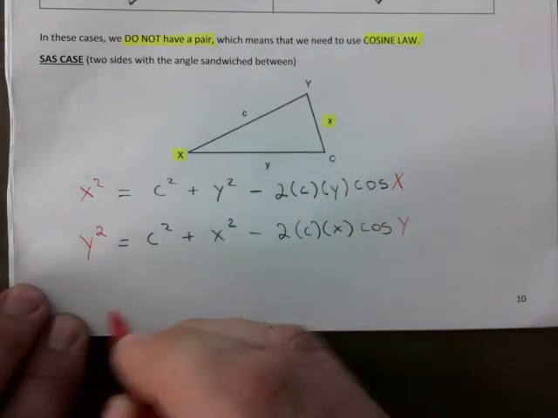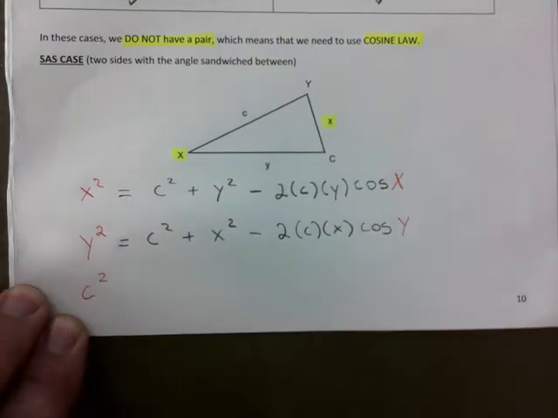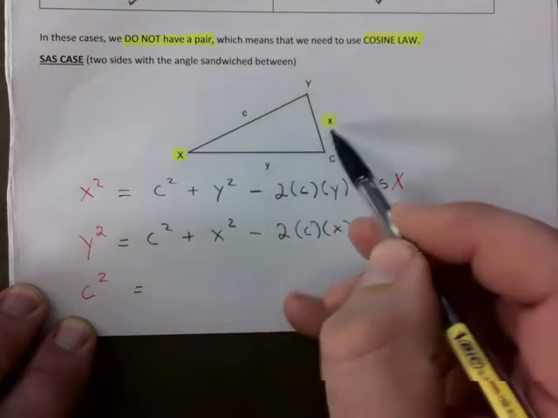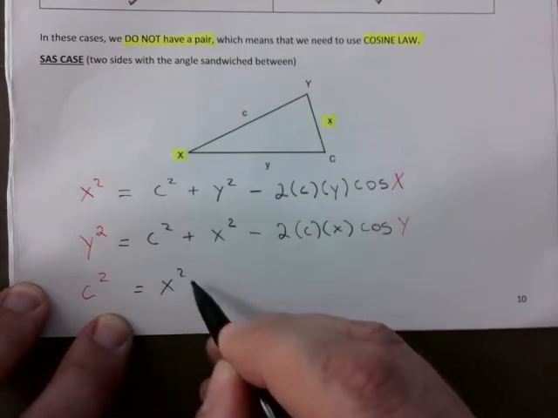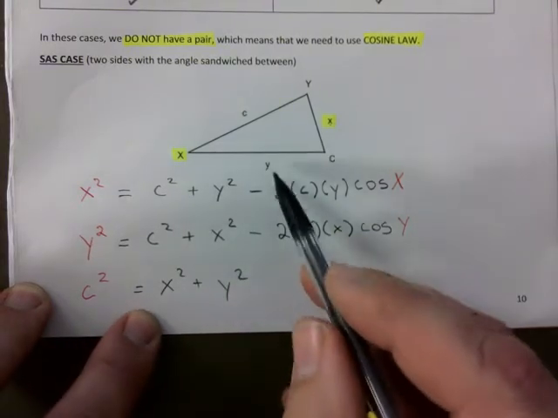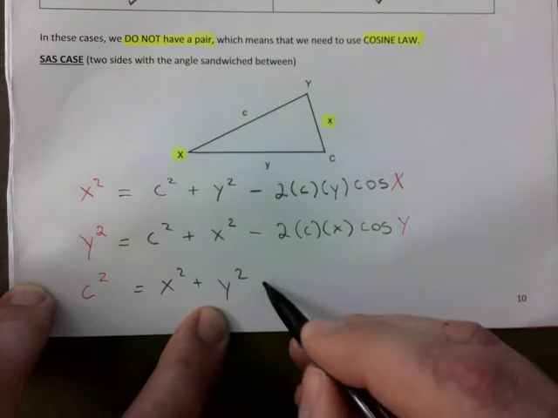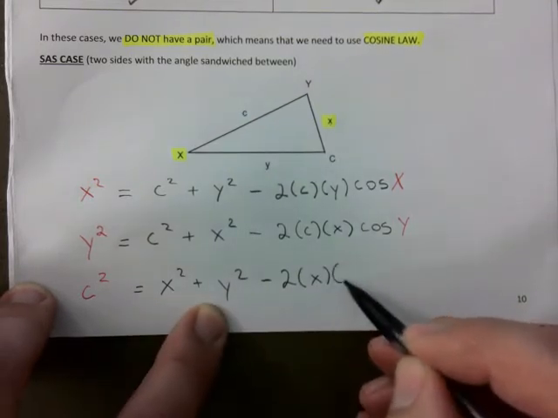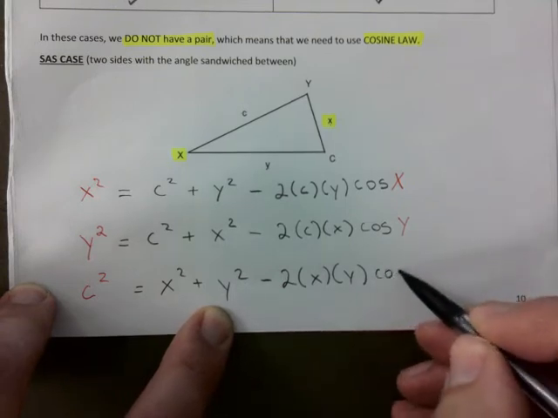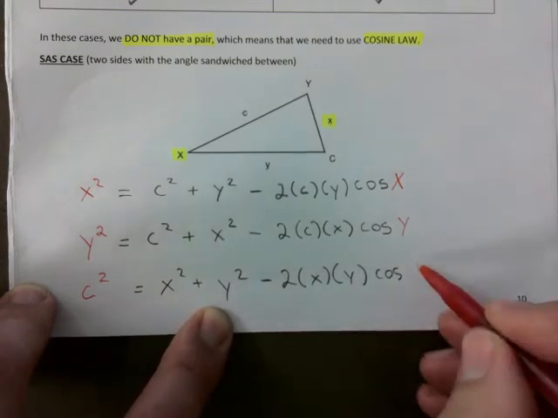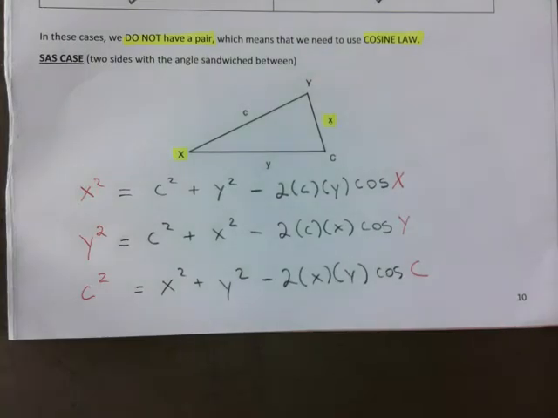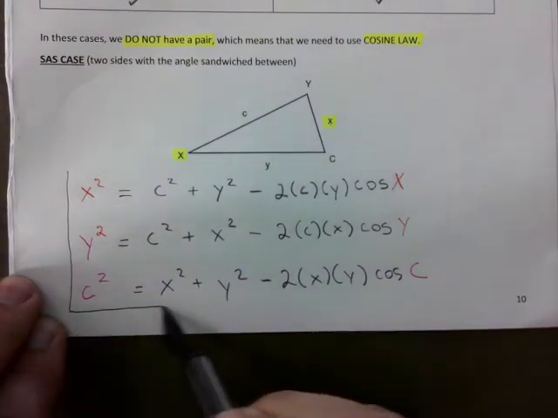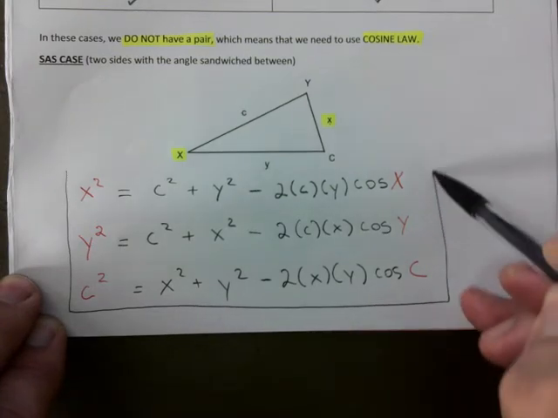And the last but not least is, let's say you wanted to find side C, then you need to use the other two sides in no particular order. In no particular order, just grab them and square them. Minus 2 times x times y times cosine of C. And you don't have to, of course, have all 3 of these.